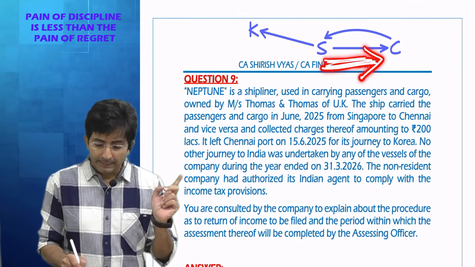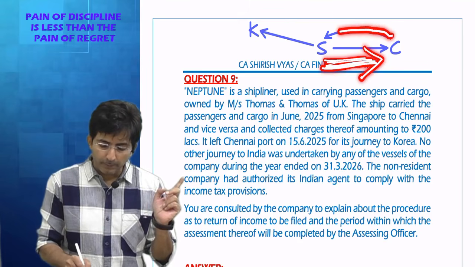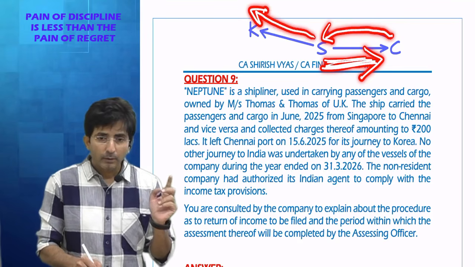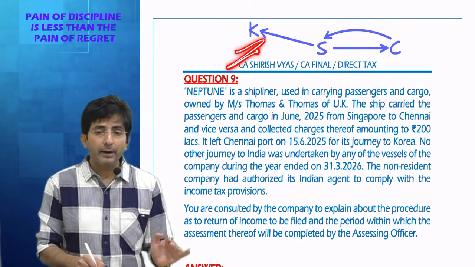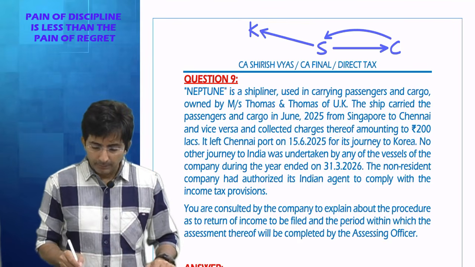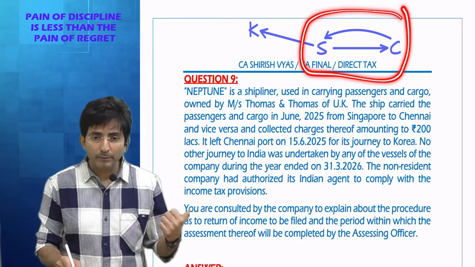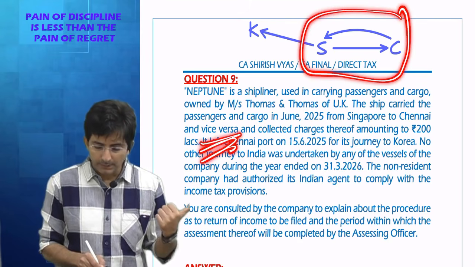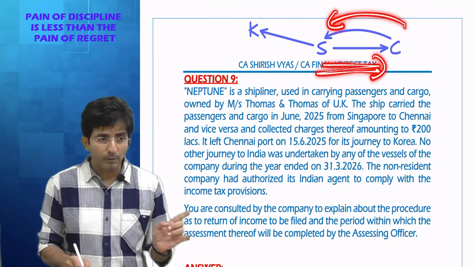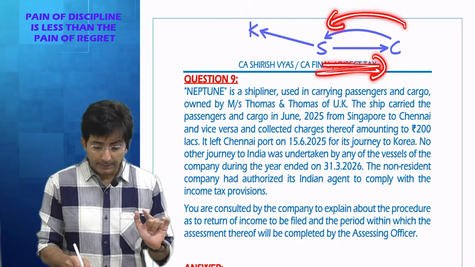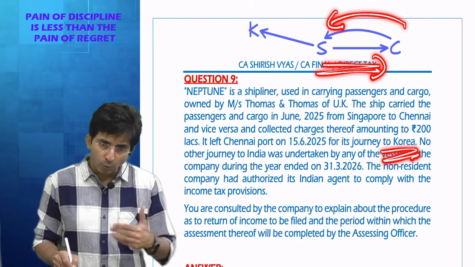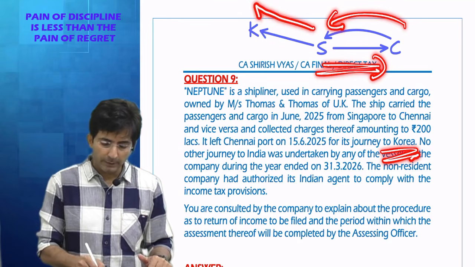Then it actually wanted to go to Korea, but it went via Singapore. En route to Korea, they had gone through Singapore. So here the vice versa thing has also come. Singapore to Chennai, Chennai to Singapore, the vice versa journey, and then they are going to Korea. So obviously they are going to Korea through Singapore. So eventually it went to Korea.